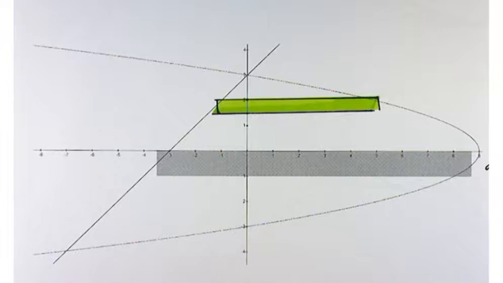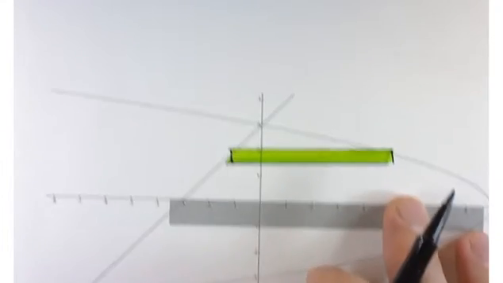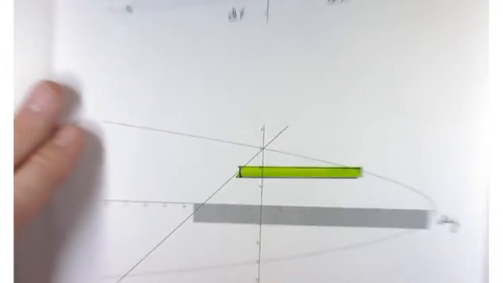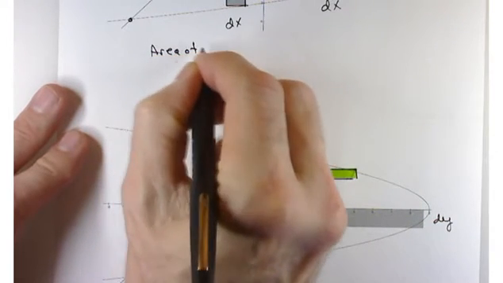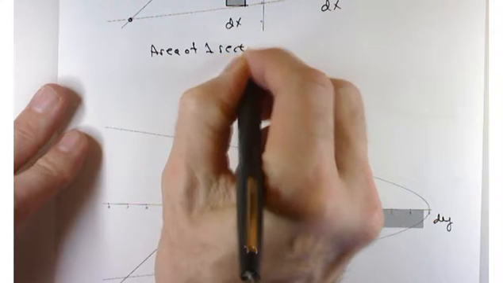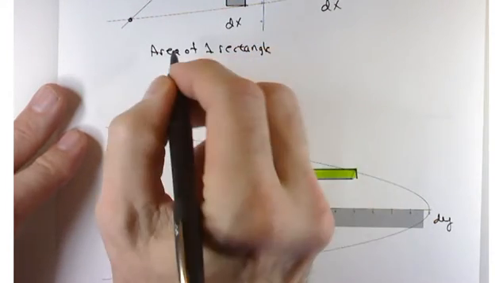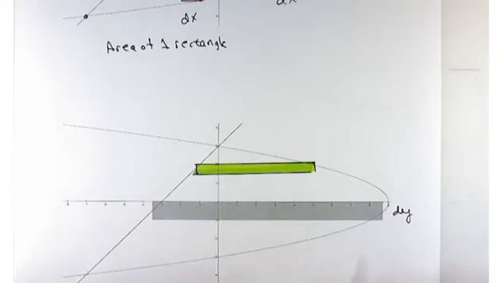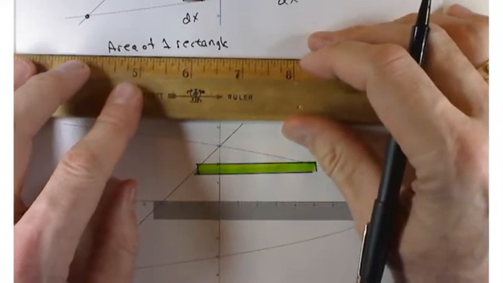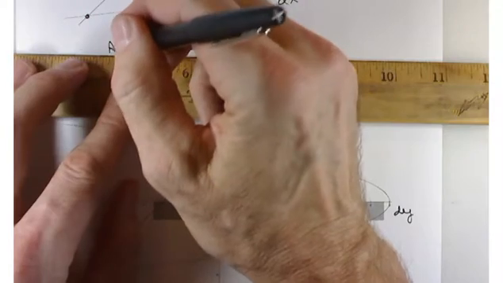So let's set about a familiar problem then, and that is find the area of one rectangle. The difference between this and the last one is that our calculation of the area is going to be a little bit different.